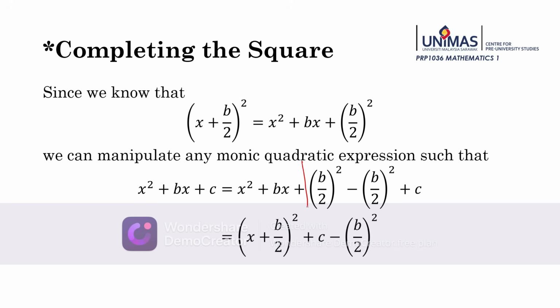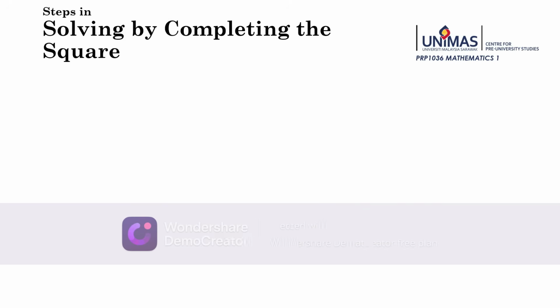So as you can see, this is the important part of completing the square. Later we use an example to explain. Okay? So you have to add b over 2 square and minus b over 2 square.